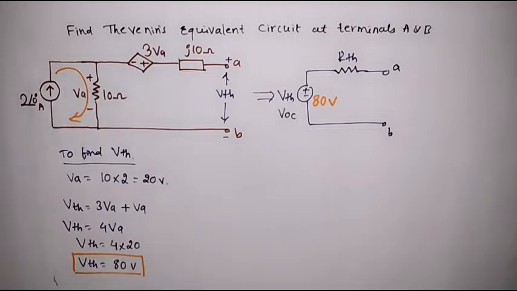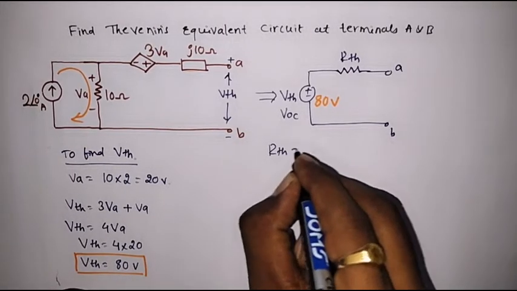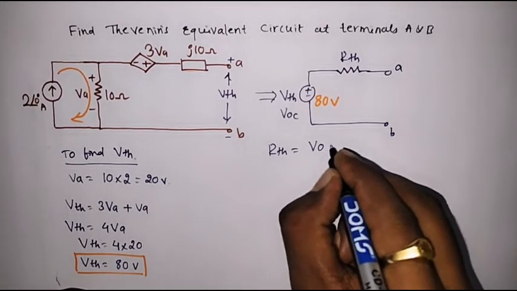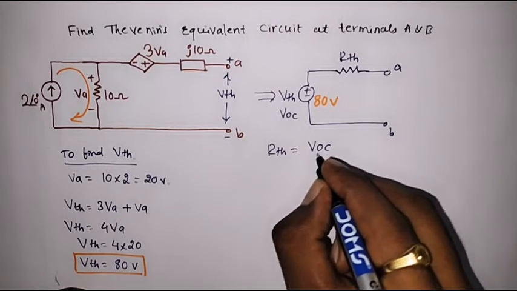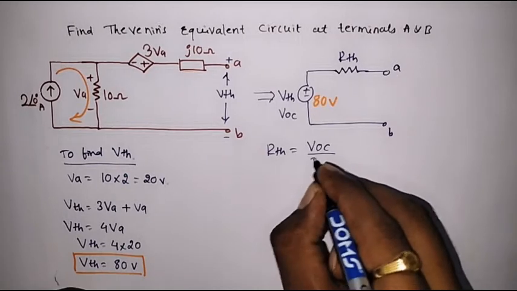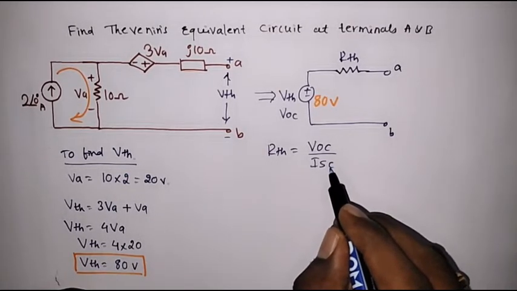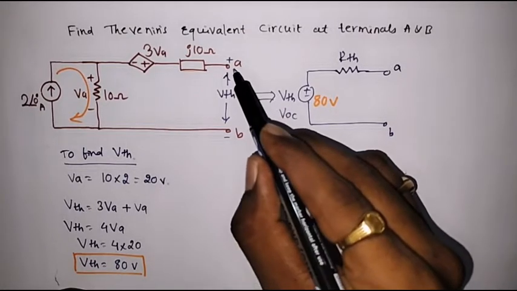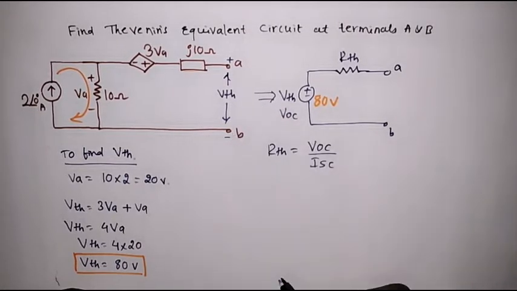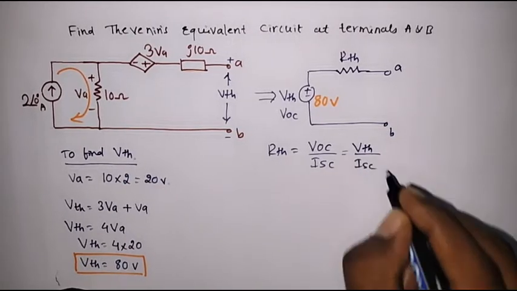If there is a dependent source, we are supposed to calculate RTH as VOC or VTH divided by ISC. ISC is the short circuit current which flows when terminals A and B are shorted.